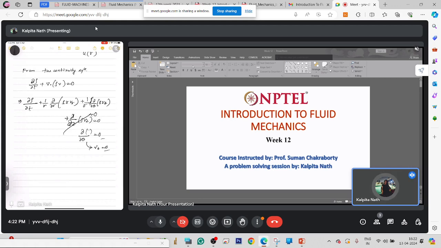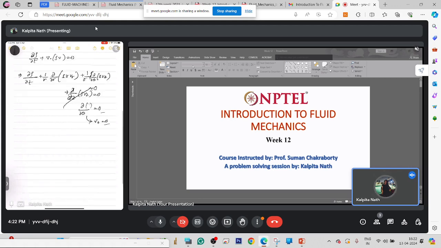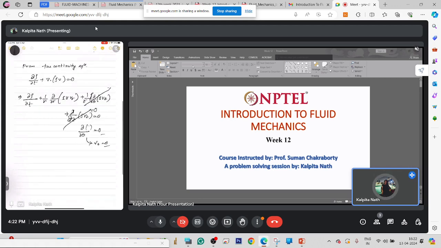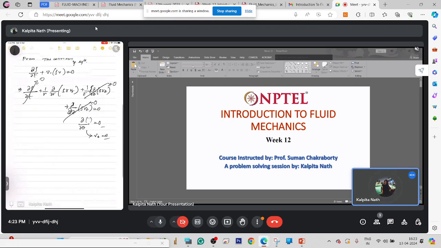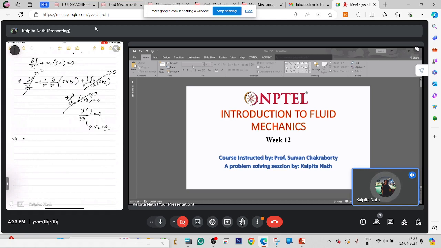And as the flow is axisymmetric, the theta term is 0. What is left? We are taking steady state, and density is constant, so del rho by del t is 0. So del by del r of r v_r is all that is left, equal to 0.